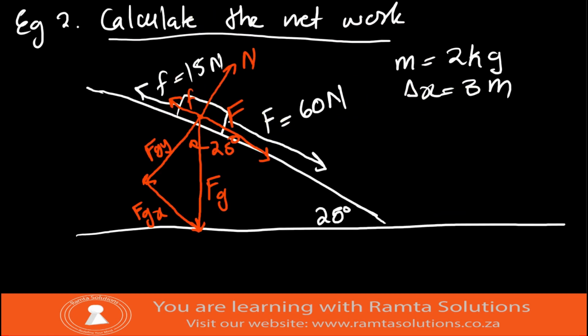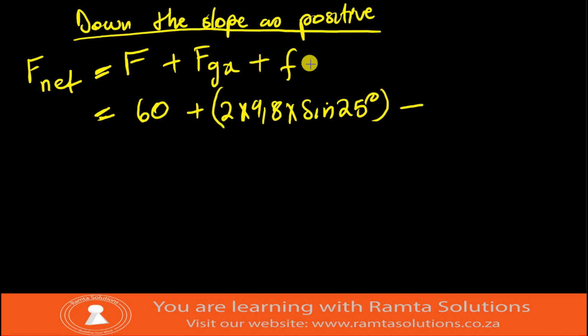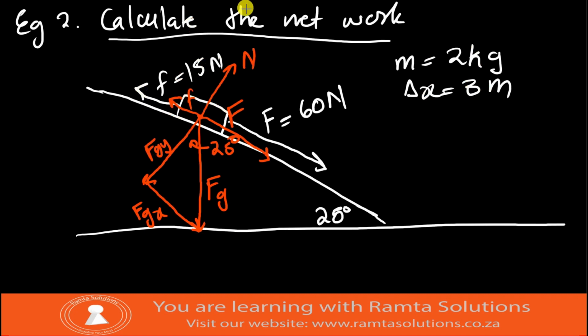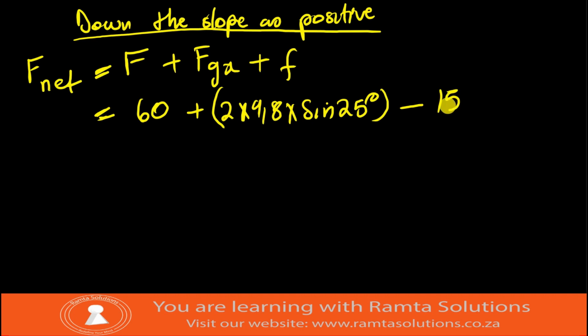The object is 2 kilograms. So this is 2 kilograms times 9.8 times sine 25. Let me put it in a bracket. Plus, oh, by the way, friction is going in the opposite direction. It was 15 newtons. So minus 15.